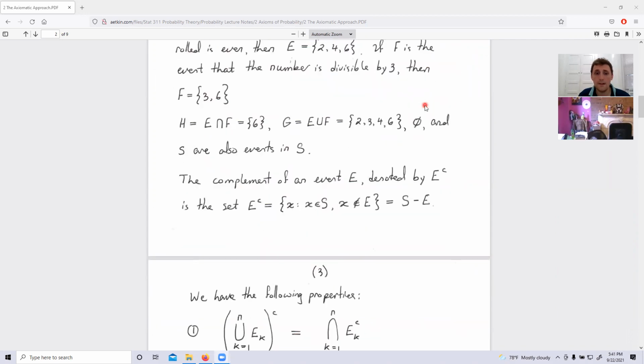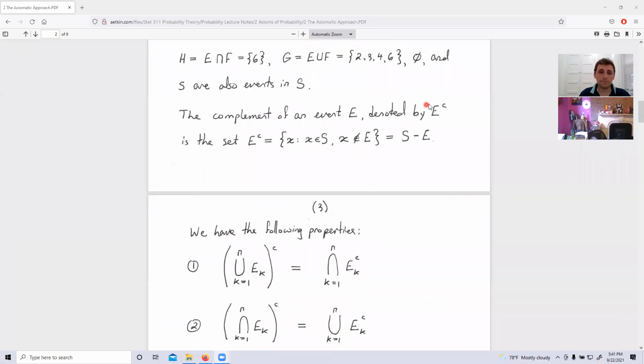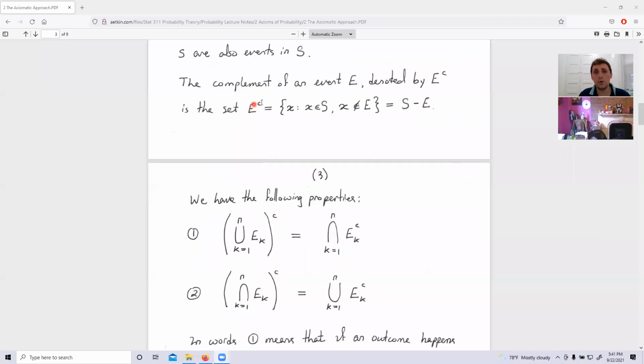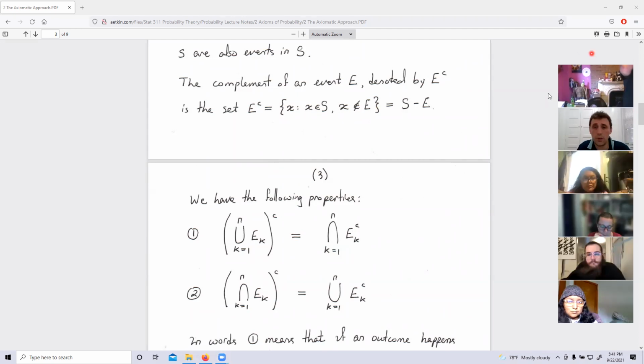And we have the complement. The complement of an event E within S collects all the outcomes in S that are not outcomes of E. So I hope you understand those set theoretic notations and what they mean, right?